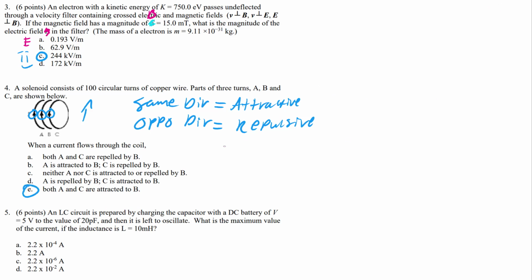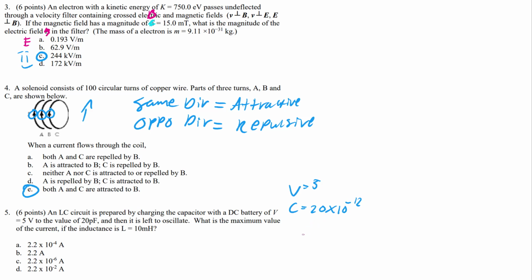Now we have an LC circuit that has a capacitor and has a voltage of 5 volts. Okay, so V is equal to 5, and it has a capacitance equal to 20 picofarads. Pico is just negative 12, so times 10 to negative 12. And then it's left to oscillate.